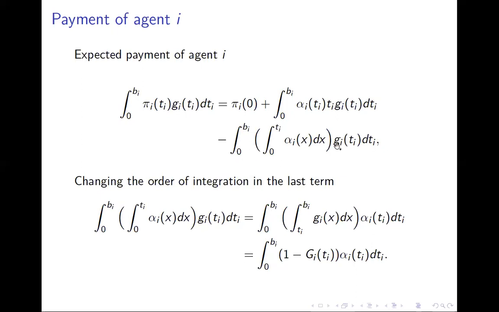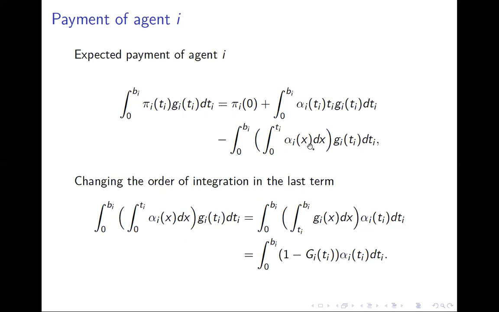If I take a t_i in the outer integral, what are the x's for which this t_i will appear? It will appear for all the x's which are above t_i. So when we change the order of integration, this integral will run from t_i to b_i.